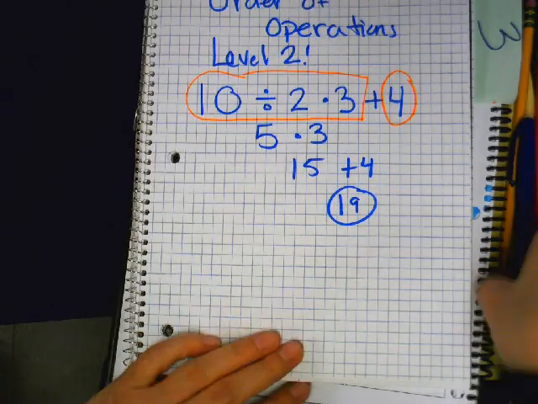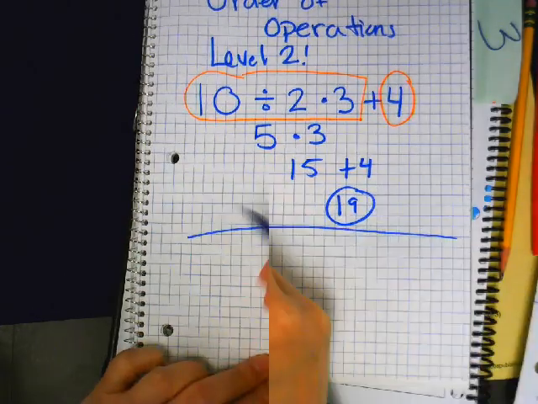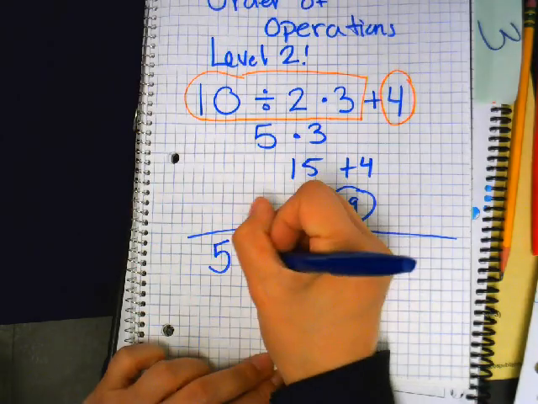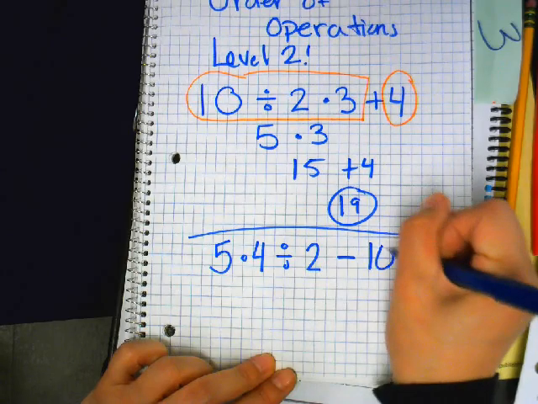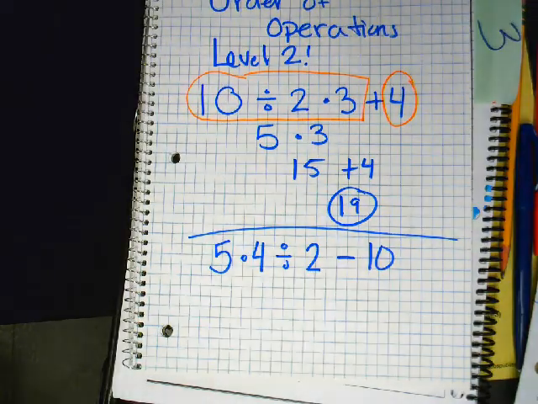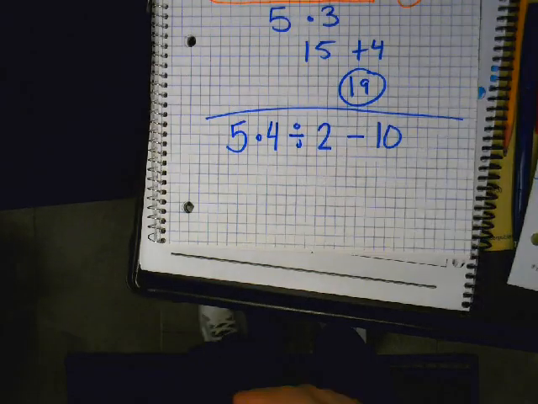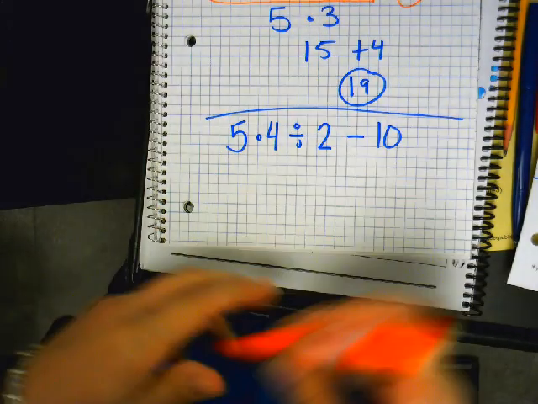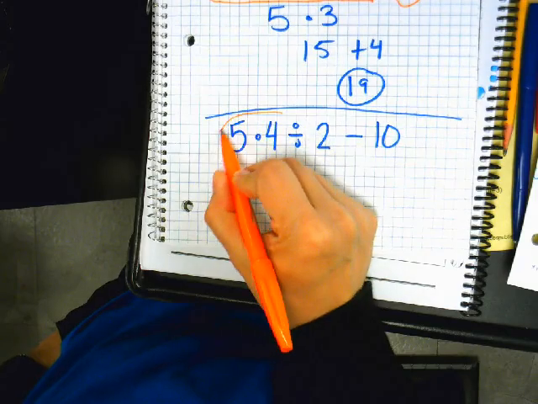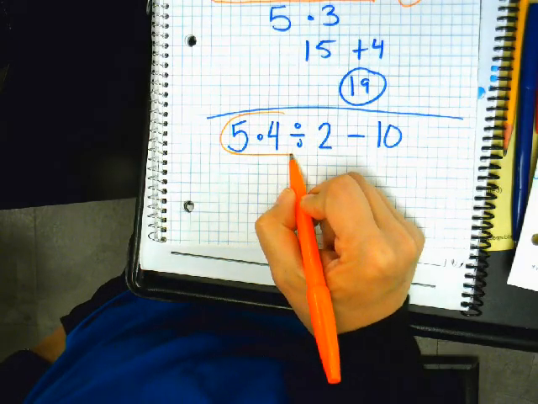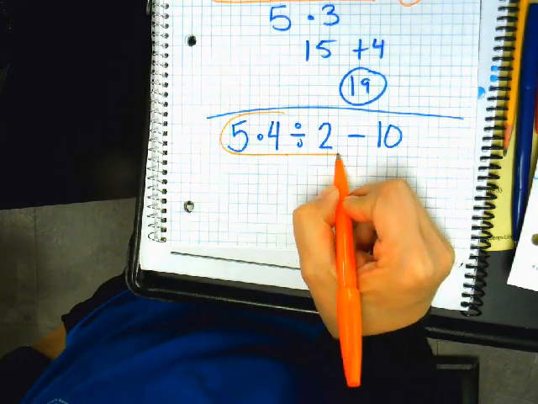All right, next problem. Let's write this down. 5 times 4 divided by 2 minus 10. So we're writing this down. Everybody's writing this down. All right, what do I circle? The multiplication and division. 5 times 4. Do I stop? Nope. Stop right here because now it's subtraction.